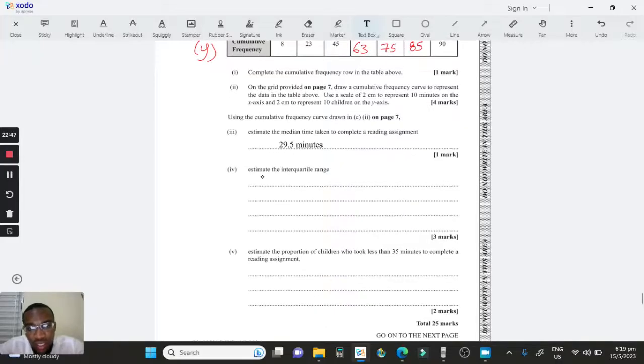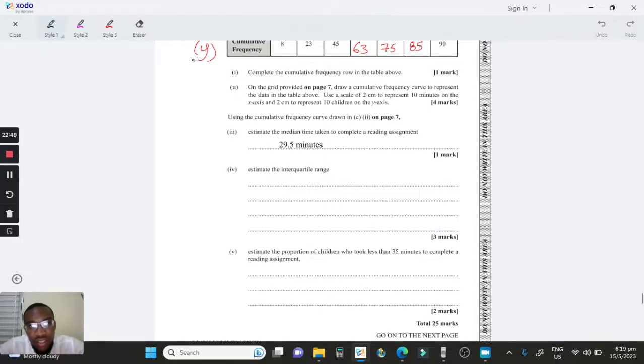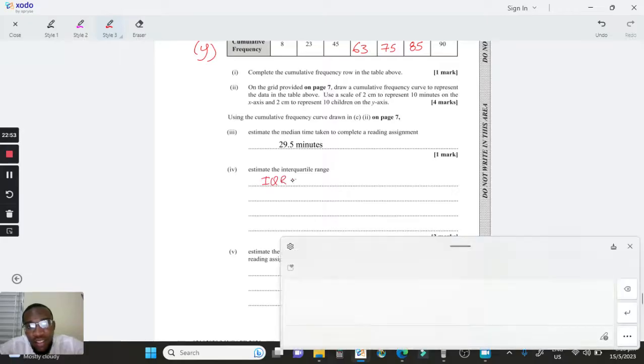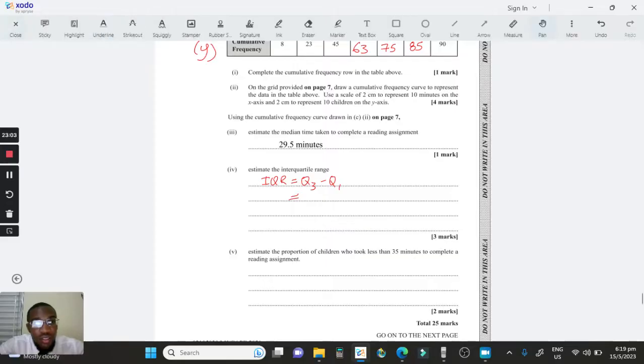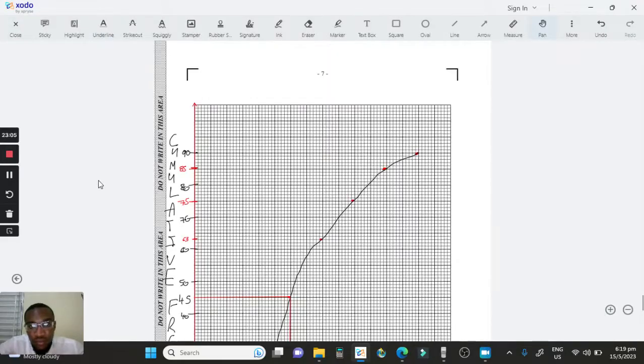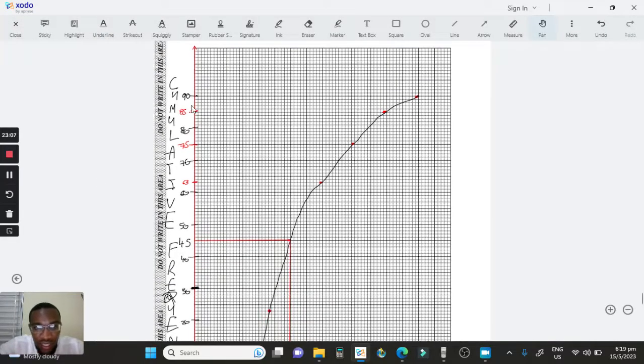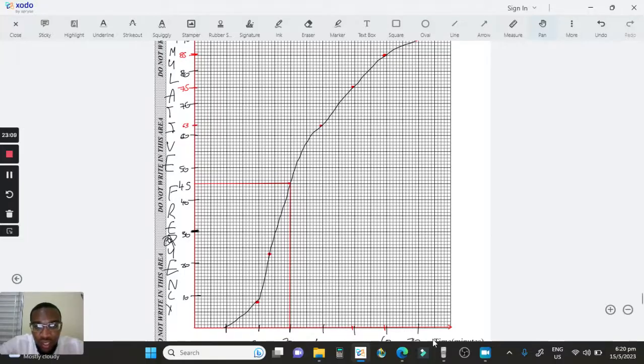Now it says estimate the interquartile range. Remember, the interquartile range is equal to the upper quartile minus the lower quartile. It's equal to Q3 minus Q1. So all we have to do now is find Q3 and find Q1, and take their difference. Q3 is the upper quartile, 90 times 3/4.